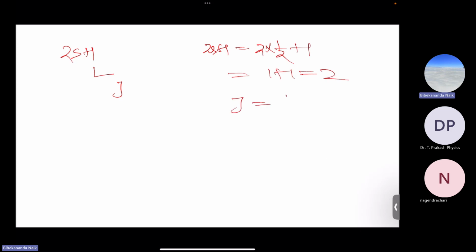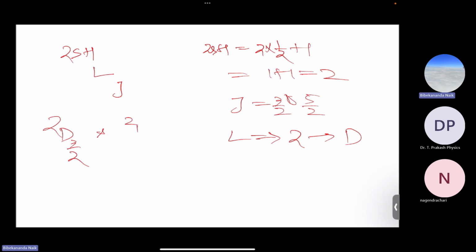Then J is 3 by 2 and 5 by 2, and L is 2, so it will be D. So the two states are 2D 3/2 and 2D 5/2. This is the correct answer.